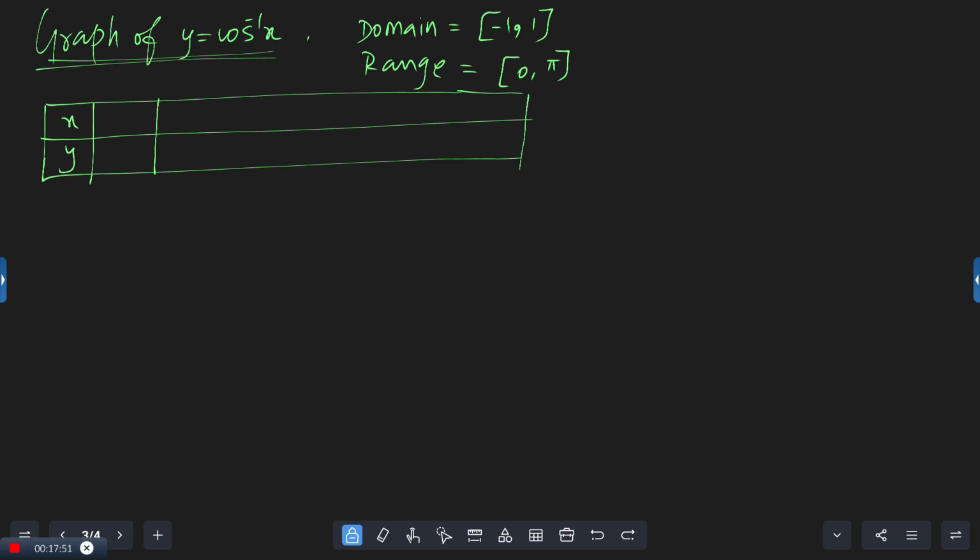So only 0 degree, pi by 2, the first positive value, after pi by 2, pi, then 3 pi by 2, 2 pi, in the same manner the negative side, it means minus pi by 2, minus pi, minus 3 pi by 2, later minus 2 pi, all the values we need, okay.